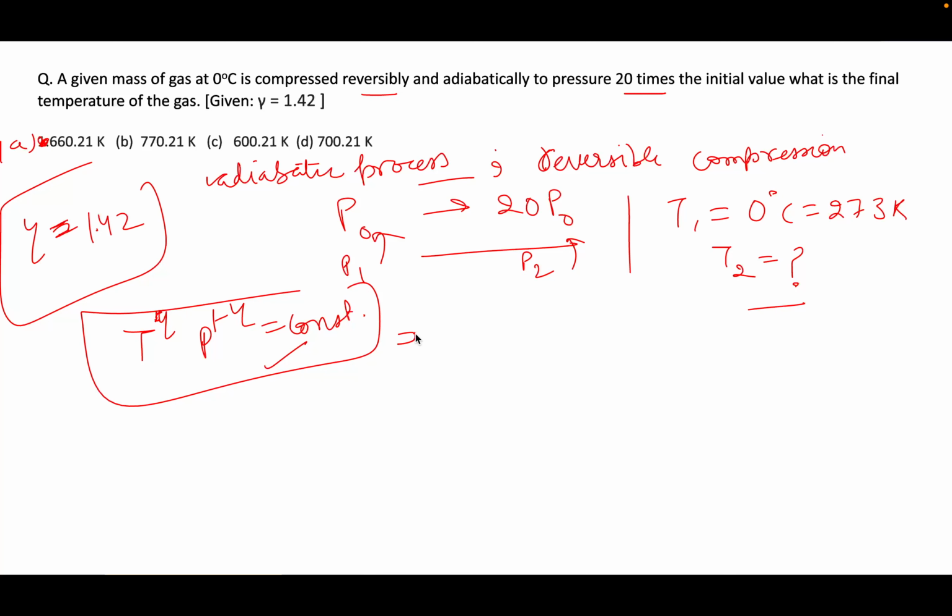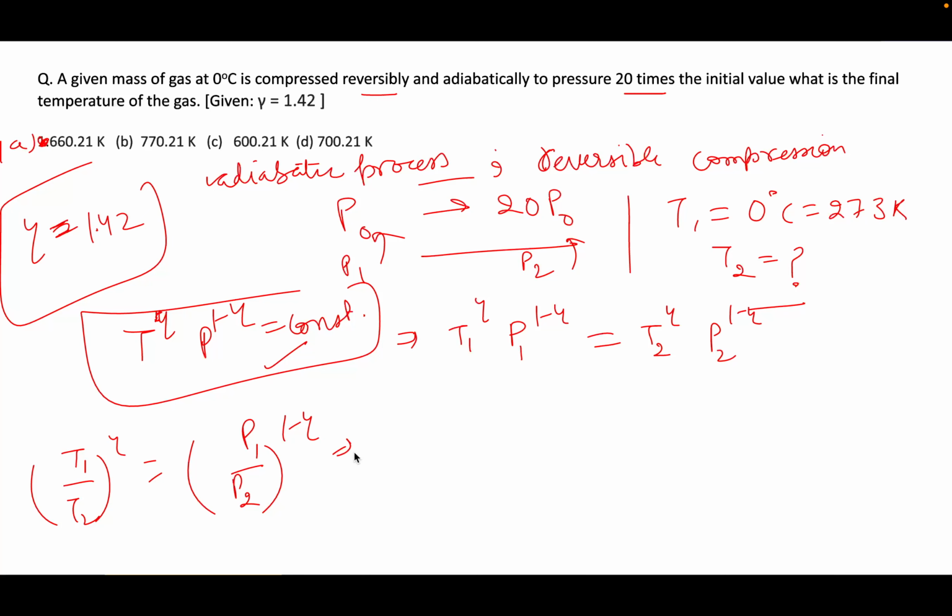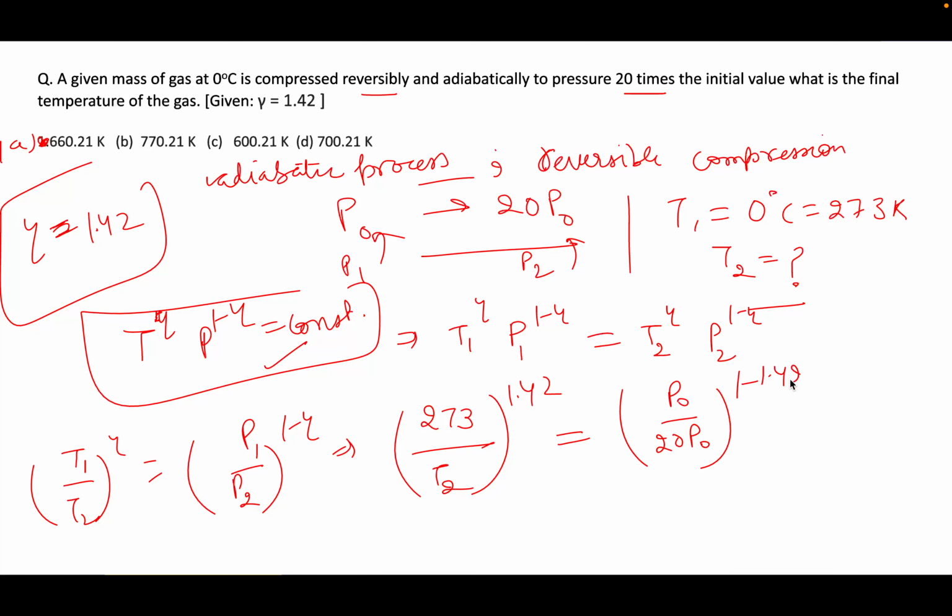So according to this, T1 to the power gamma, P1 to the power 1 minus gamma is equal to T2 to the power gamma, P2 to the power 1 minus gamma. T1 by T2 to the power gamma is equal to P1 by P2 to the power 1 minus gamma. Now putting the values: T1 is 273, T2 we need to calculate, gamma is 1.42.